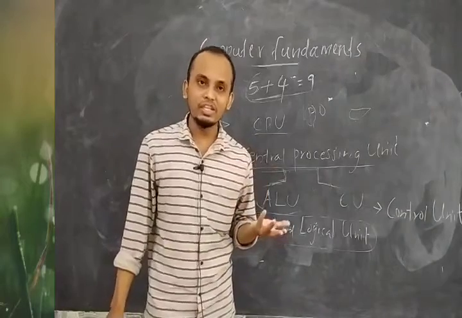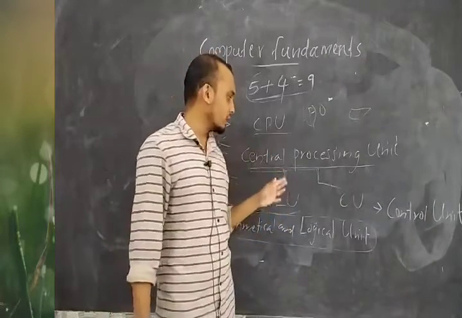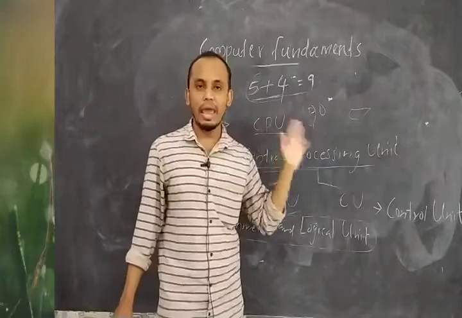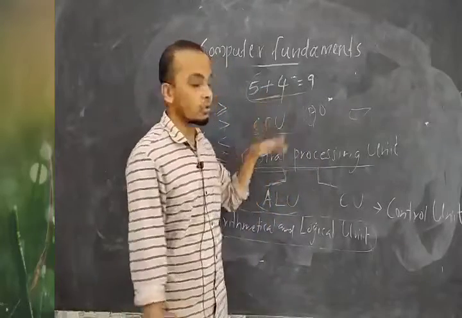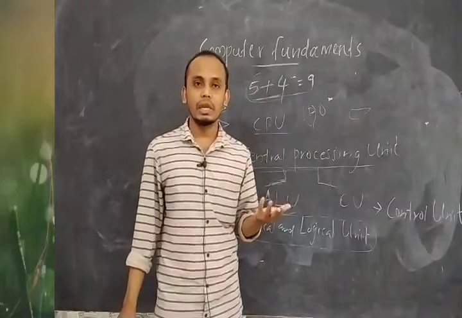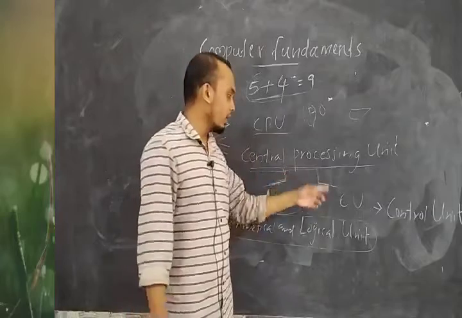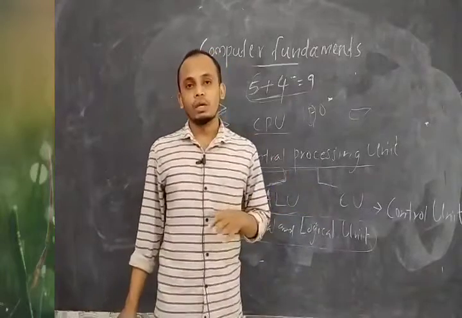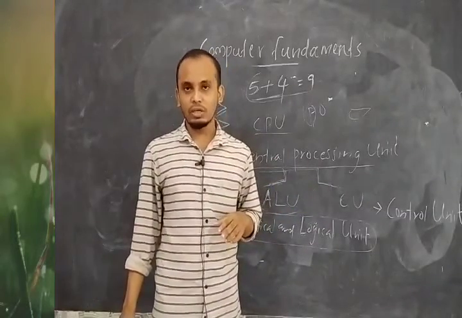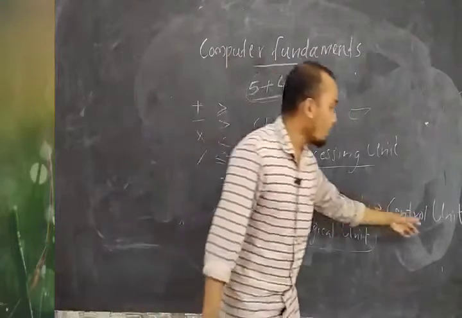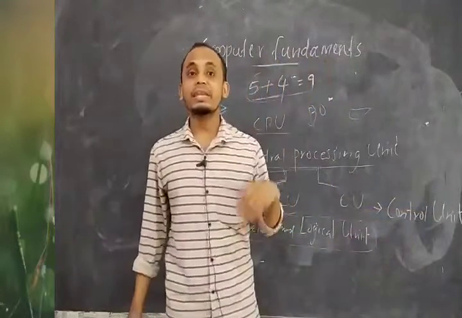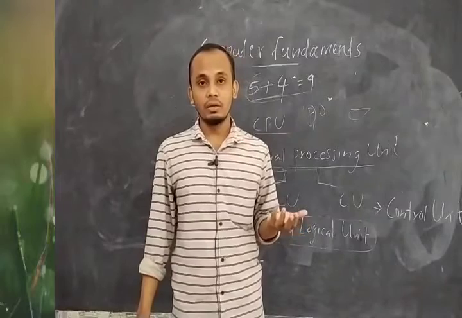Without any instruction the computer will not work, this processing will not happen. This adding process or subtraction or multiplication, any process will not happen without instruction. So the role of the control unit is controlling and guiding the instructions.